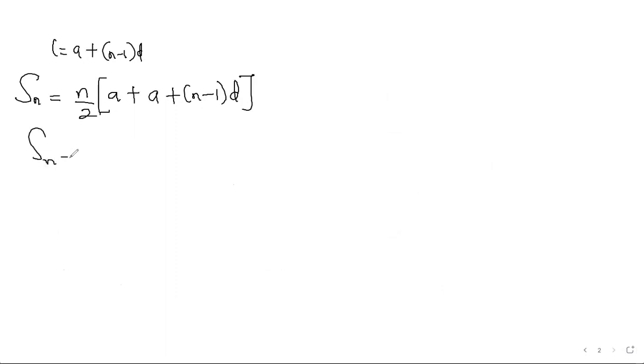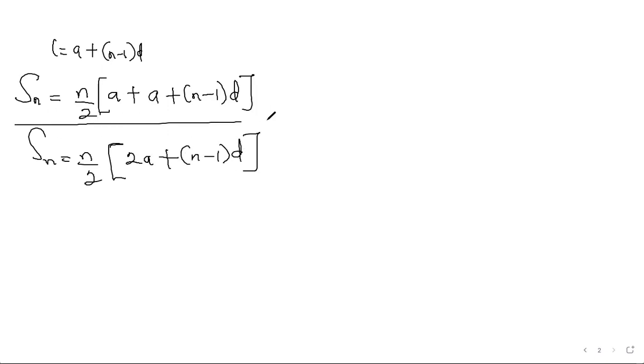So Sn will be n over 2 into 2A plus n minus 1 D. So this is the formula. This is another formula you can use to find the sum of n terms of a sequence or a series. You use this formula if you know the first term, the common difference, and the number of terms in the series.